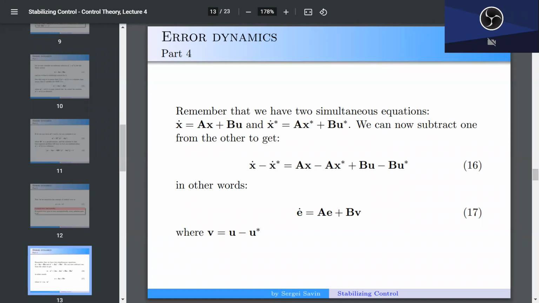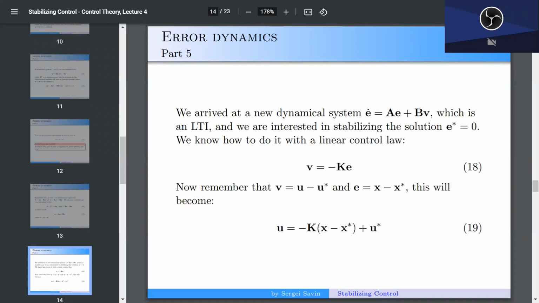Exactly. So you just find v equals minus k e. Substitute it into our equation. You will find k such that A minus B k is stable, and that's it.